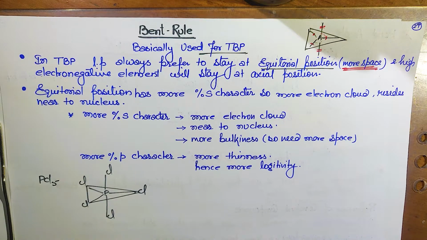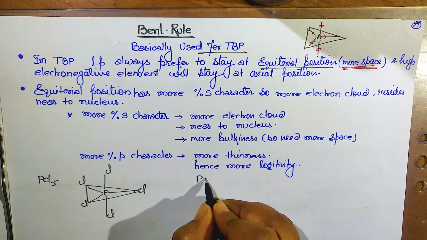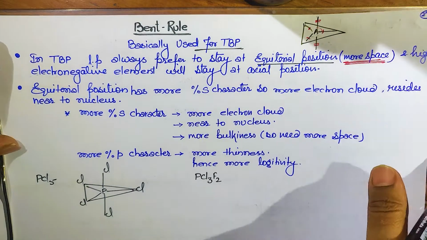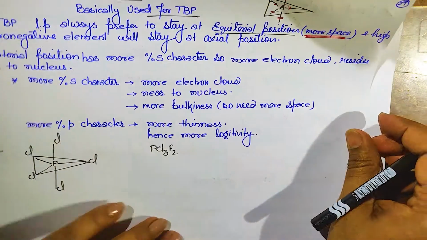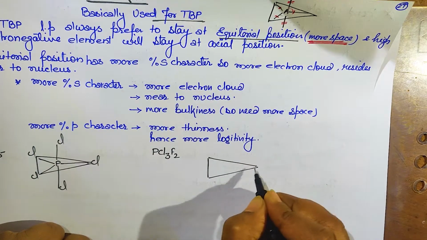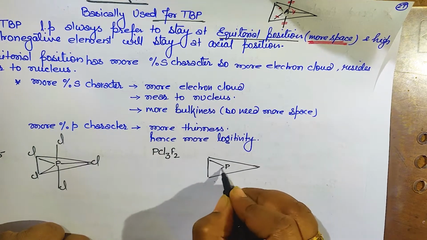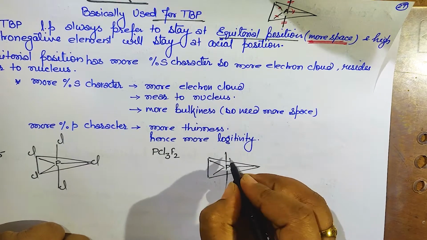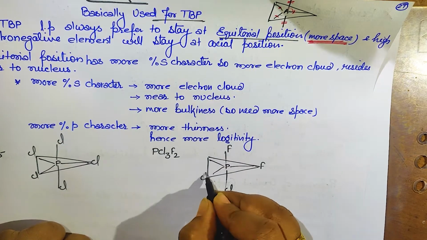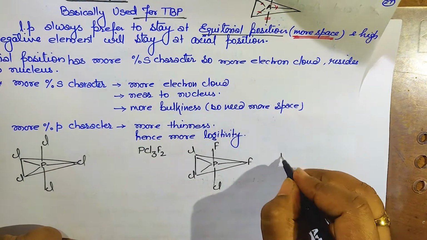What will happen if I give you another example like PCl3F2? Where will you keep each atom, what will be the structure for this? We can make it like this: P over here, then F, then here F, and then Cl, Cl, Cl. What else can I make?